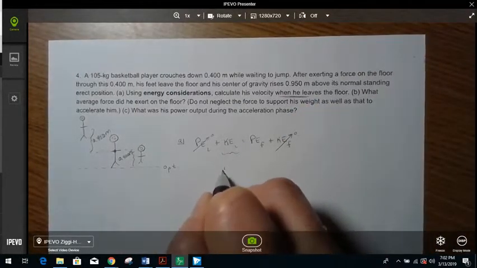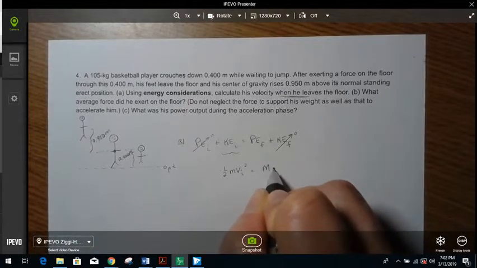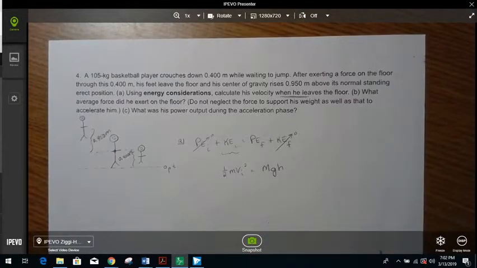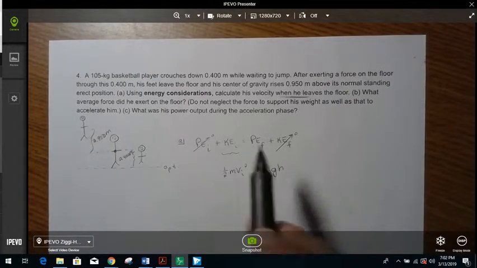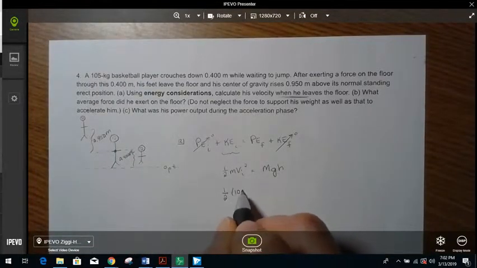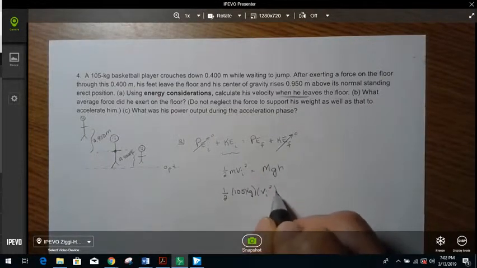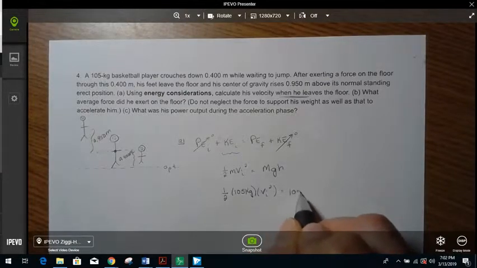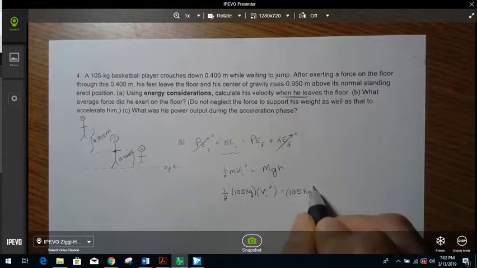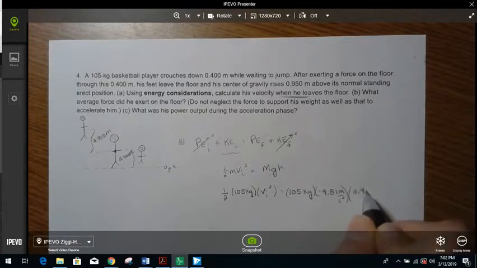So our kinetic energy initial is 1/2 m v sub i squared, and our potential energy final would be mass times gravity times height. Now, he's 105 kilograms, so 1/2 times 105 kilograms times his initial velocity squared, which is what we're looking for, equals 105 kilograms multiplied by negative 9.81 meters per second squared multiplied by 0.950 meters.